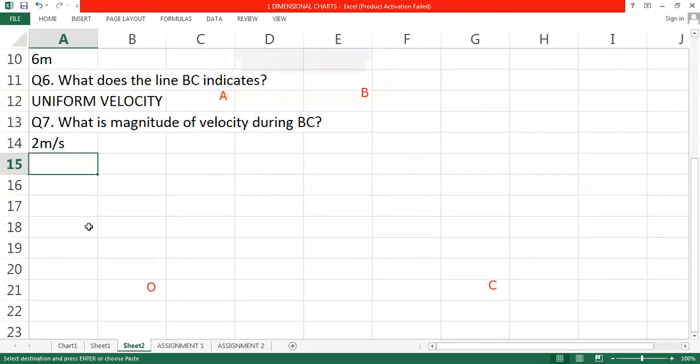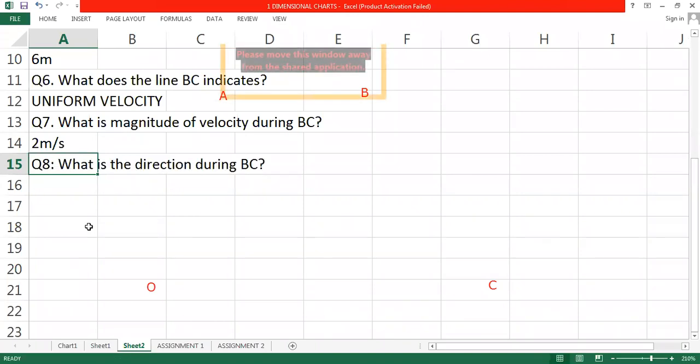Now this one is very interesting. What is the direction during BC? Not downwards. It's not towards the x-axis. That's not the answer.